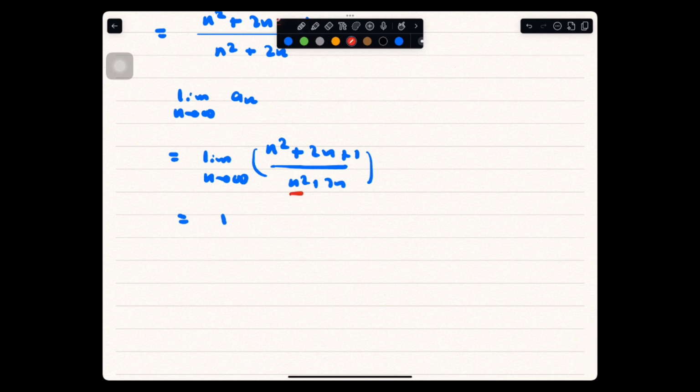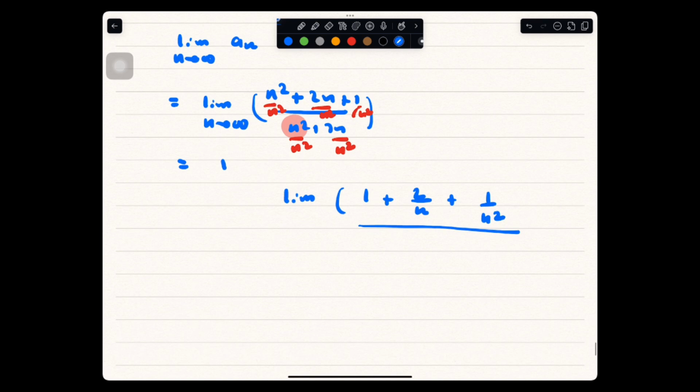Well, if I divide every term by the highest power in the denominator, n squared, you guys remember this from calculus 1? Don't I get the limit of 1 plus 2 over n plus 1 over n squared over 1 plus 2 over n.